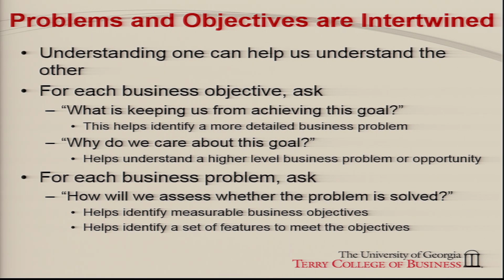For each business objective, it is helpful to ask, what is keeping us from achieving this objective? This helps us identify a more detailed business problem. We also ask, why do we care about this goal? Because that helps us understand a higher level business problem or opportunity.